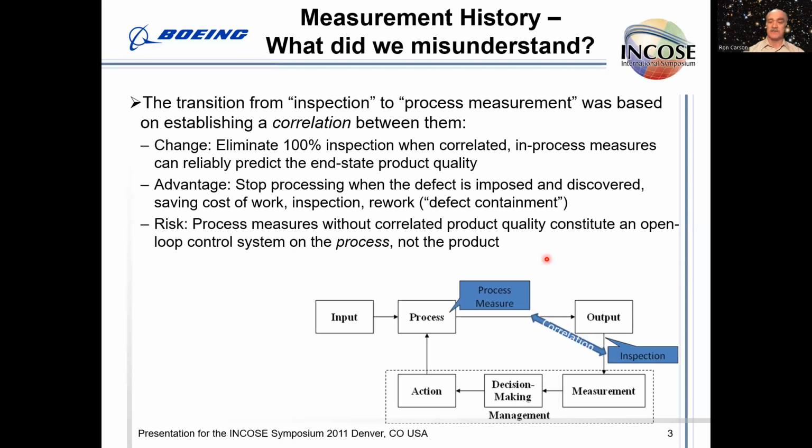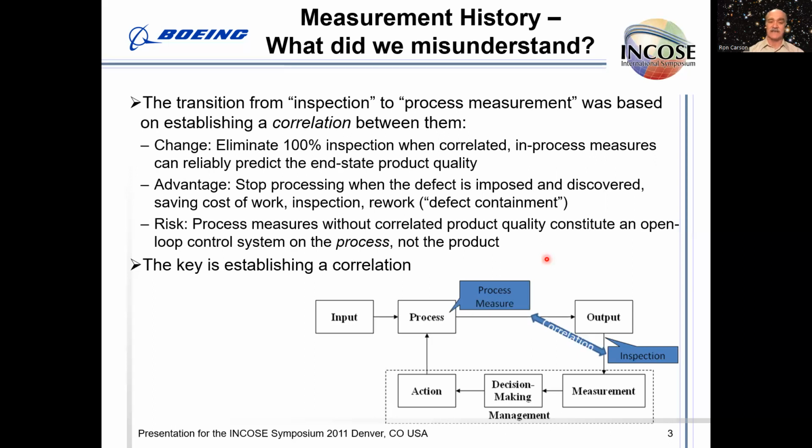So to be able to substitute process measures for product output measures, we have to do the correlation, which means you have to do both measurement types for a while in order to be able to understand the relationship, how the process measure varies as a function of the product measure, so that at some point you can de-emphasize the product measure and use primarily the process measure.